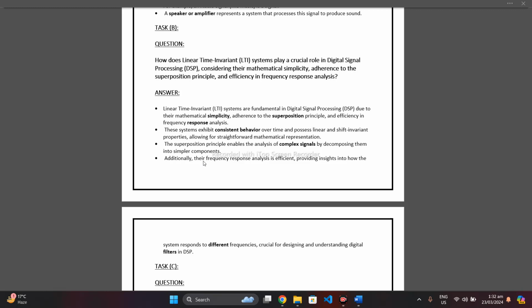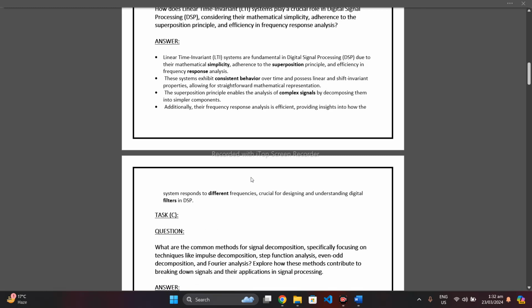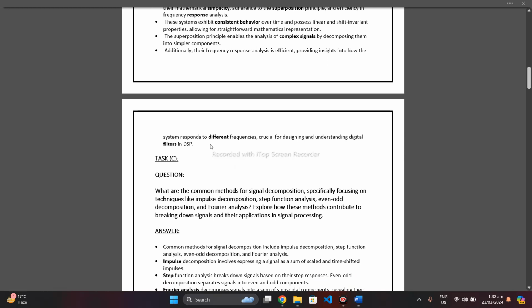Additionally, their frequency response analysis is efficient, providing insights into how the system responds to different frequencies, crucial for designing and understanding digital filters and DSP.